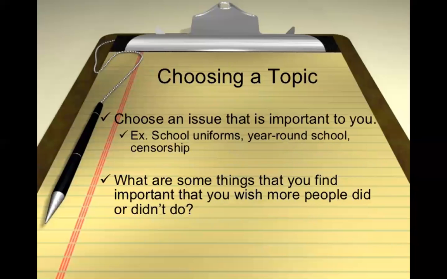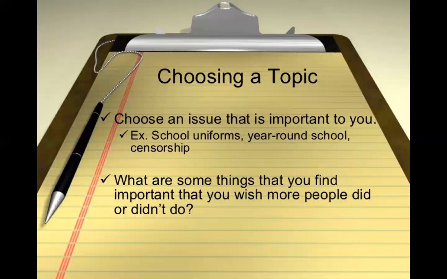Choosing a topic. Choose an issue that is important to you. This is something you always talk about: school uniforms, year-round school. What are the things you find important that you wish more people did or did not do? So choosing a topic is the first thing. Before you start writing, what you have to do is choose a good, appropriate topic that you can speak and convince someone for.